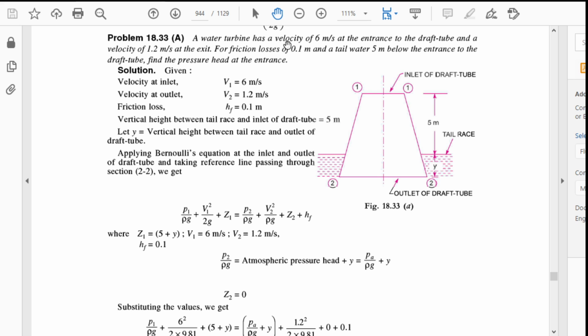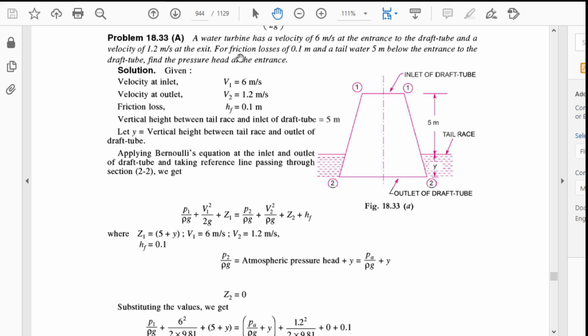They have mentioned that the water turbine has a velocity of 6 meters per second at the entrance of the draft tube, so v1 is 6 meters per second, and a velocity of 1.2 meters per second at the exit. So v2, the velocity at the outlet of the draft tube, will be 1.2 meters per second.